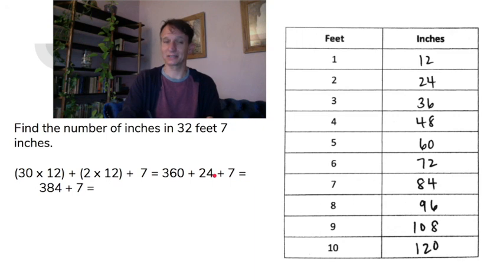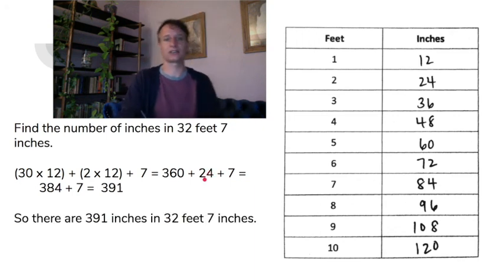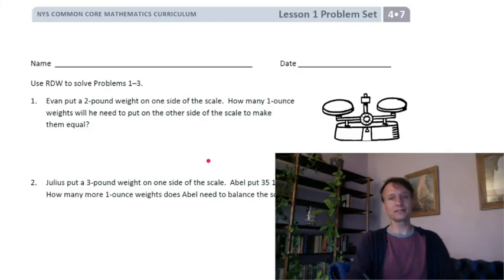Got it? 391. So there are 391 inches in 32 feet, 7 inches. Oh, wow. And look at that. This was a pretty straightforward lesson, huh?